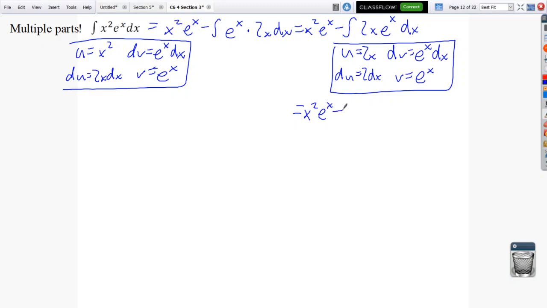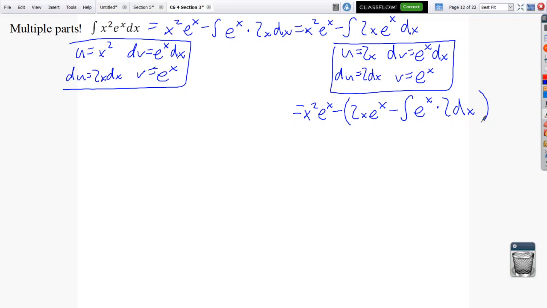Now this next part is important. Since all of this is stuck together, I want to put parentheses. And now I'm going to do my uv, 2x e to the x, minus the integral of v du. So e to the x times 2 dx.